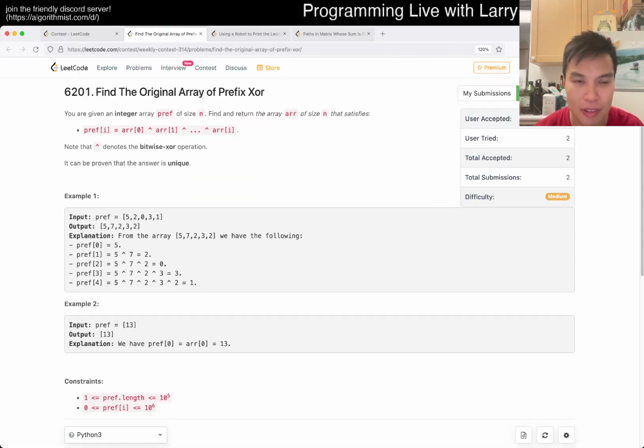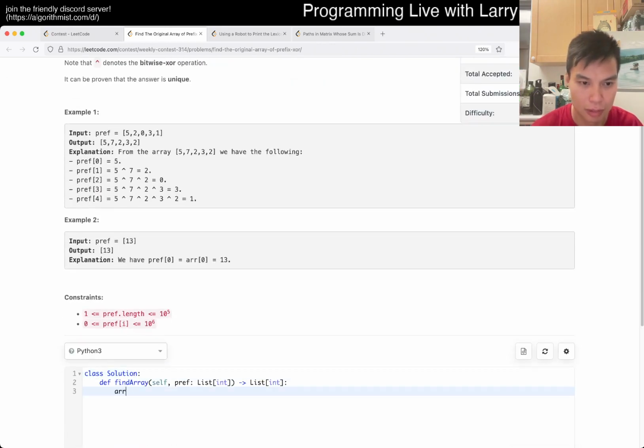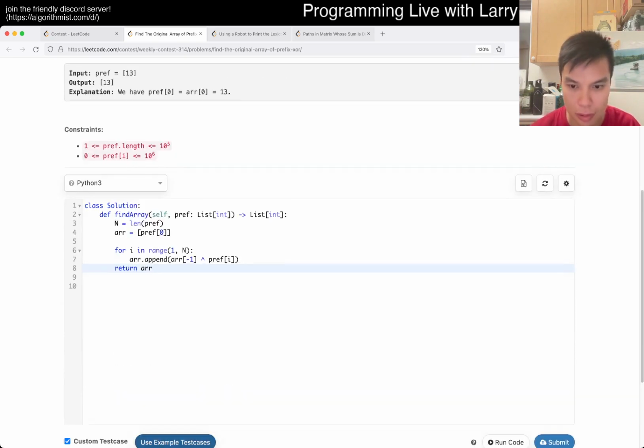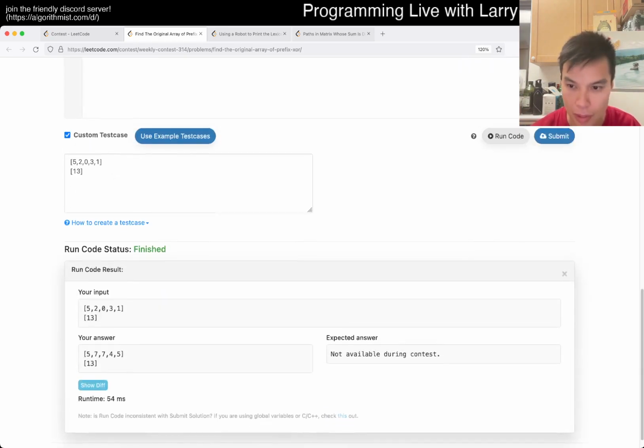Okay, find prefix of size n, and then return, right? 5, 7, 4, 5.